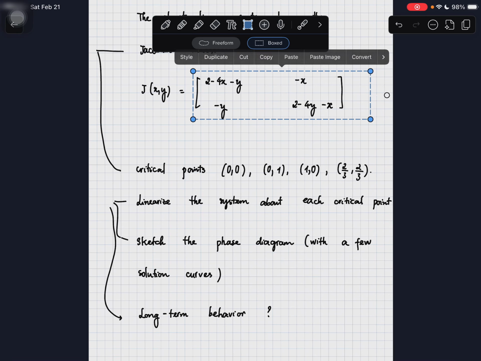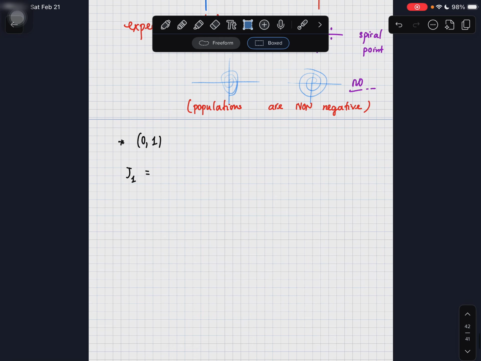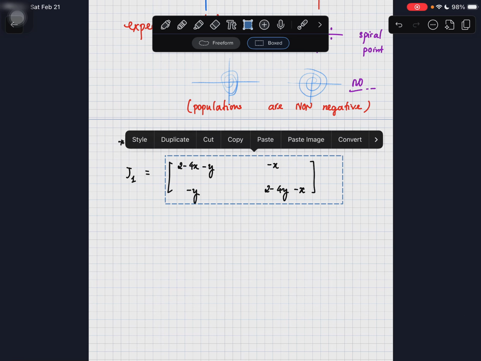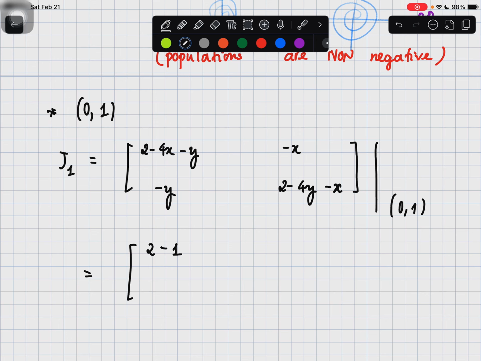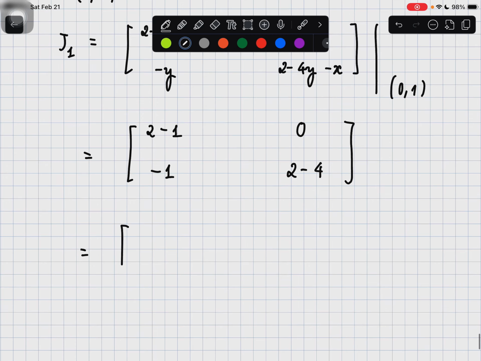The Jacobian matrix at 0, 1 is 2 minus 0 minus 1 minus 0 minus 1, 2 minus 4 minus 0, 1, 0 minus 1 minus 2.